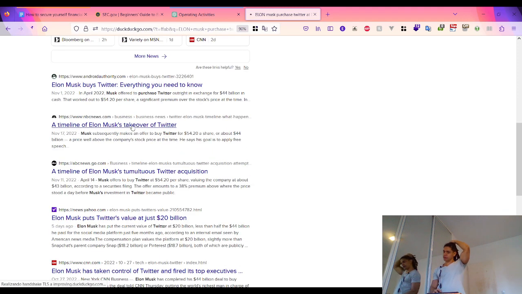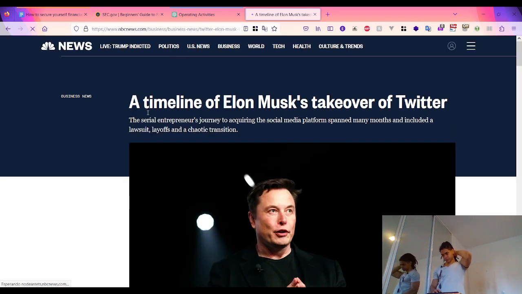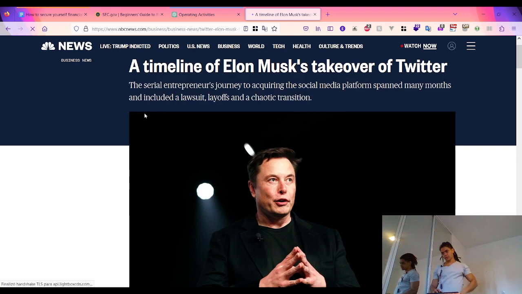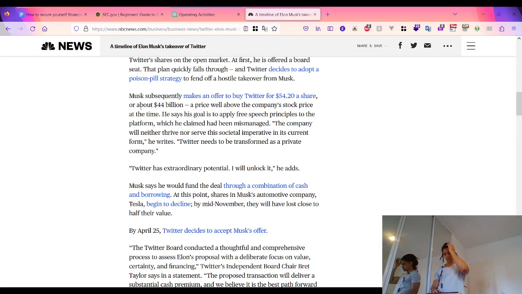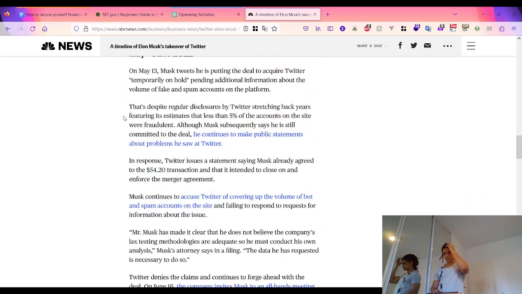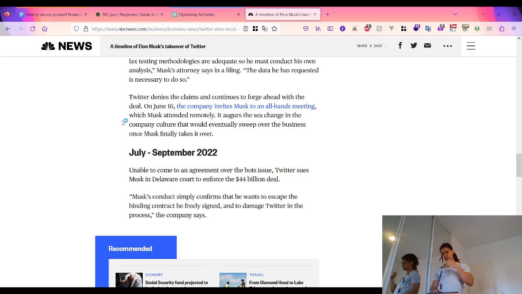A timeline of Elon Musk's takeover of Twitter. The serial entrepreneur. April 2022, May and June 2022, July and September 2022.